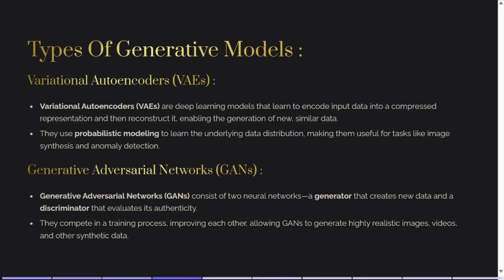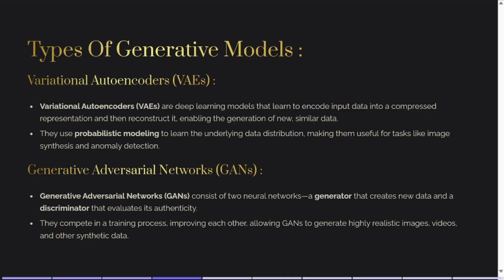Let's now look at two of the most popular types of generative models, variational autoencoders and generative adversarial networks, commonly known as GANs. Starting with variational autoencoders, these models work by compressing the input data into a smaller encoded form and then reconstructing it back to its original shape.